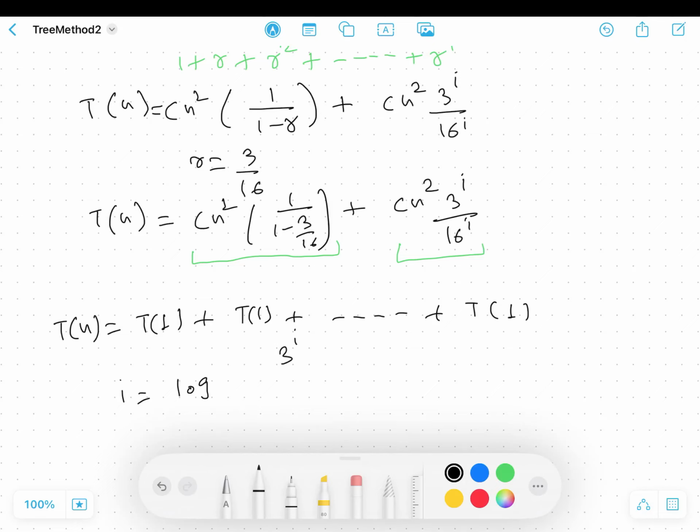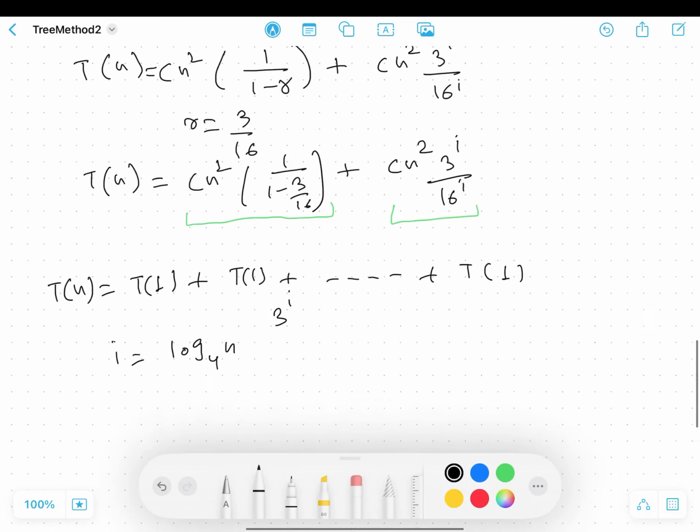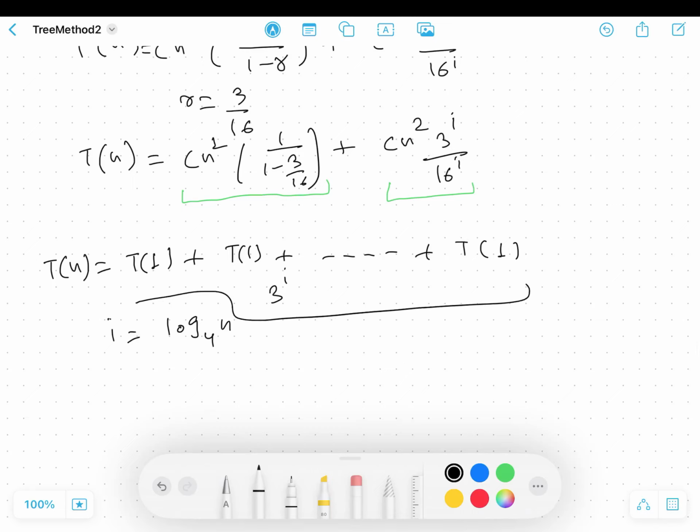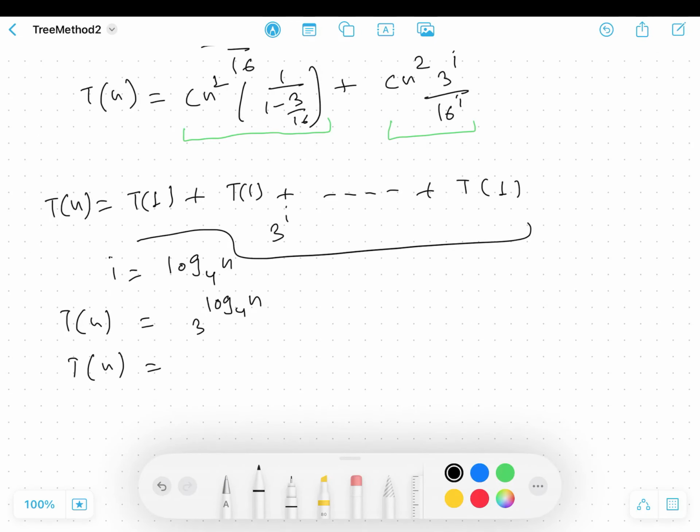Now I is equal to log base 4 n. So then if we sum these, we are going to get 3 raised to the power log base 4 n, or we can say n raised to the power log base 4 3, right?